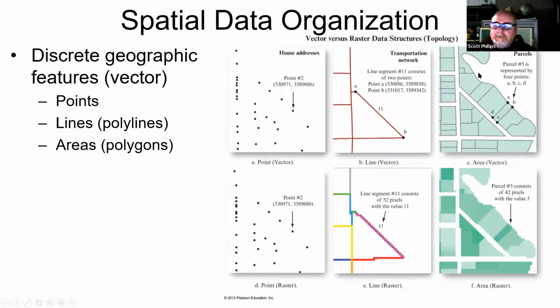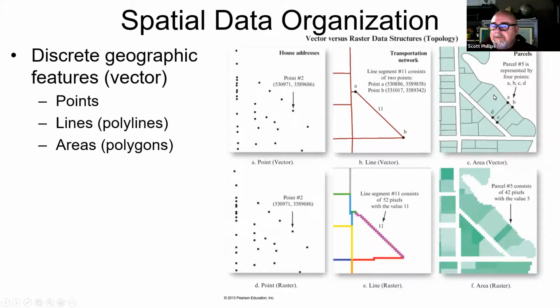Here's another way to think about it. The most primitive, most basic element is points, locations of things, latitude and longitude, or a projected coordinate system. If you connect up these points, you make lines or polylines. Now these lines can enclose an area, and we call this a polygon.